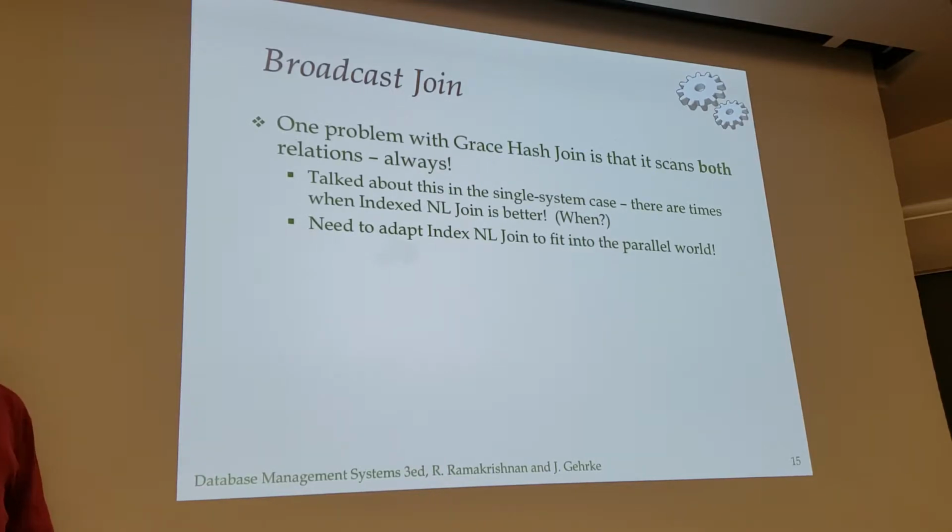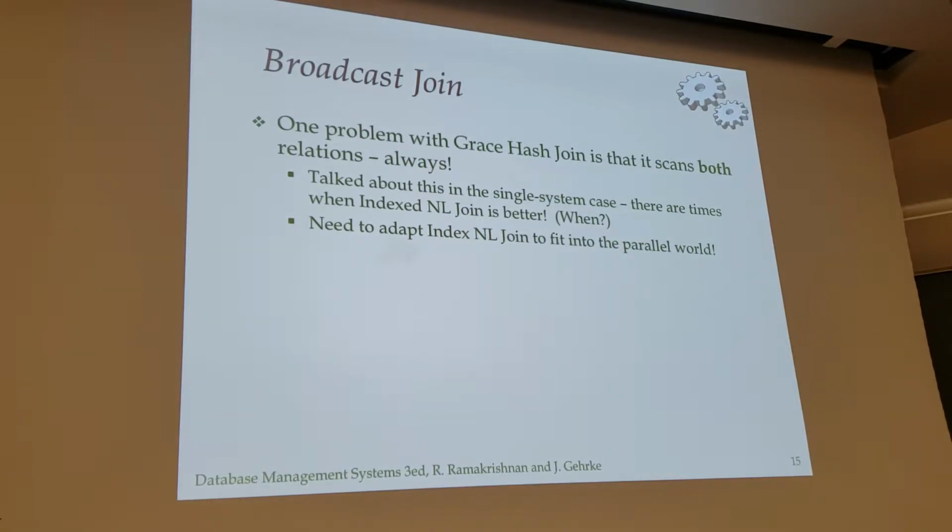If there are very few tuples inside one of the tables, there are clever things that you can do. There are times when index nested loop is better. And it's better when you only have to do the index lookup for a relatively few number of tuples. You don't have to scan everything. If I only have to look at 100 things in my index nested loop join, it's going to be better to do that than to do either the merge join or the hash join.